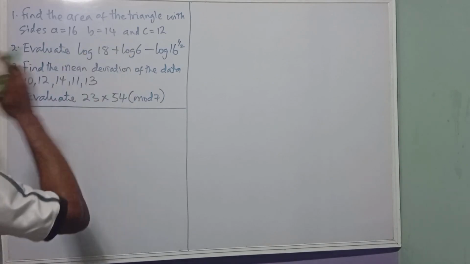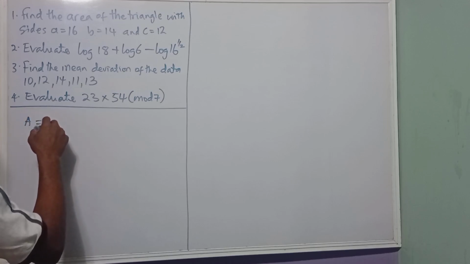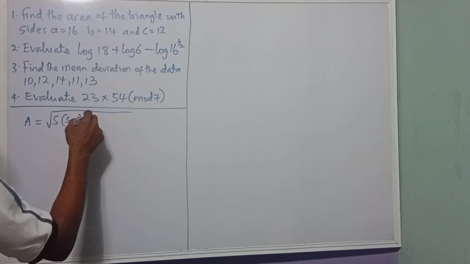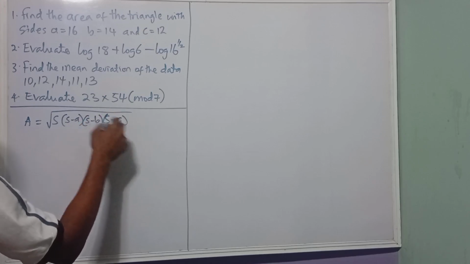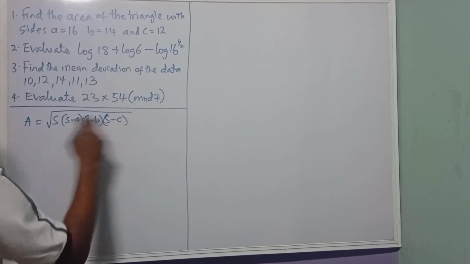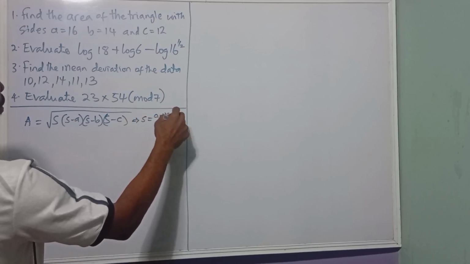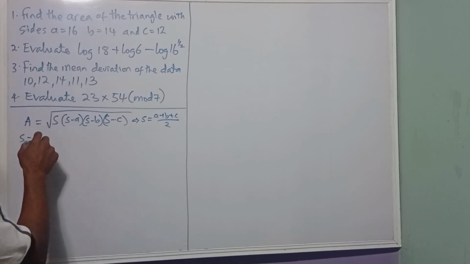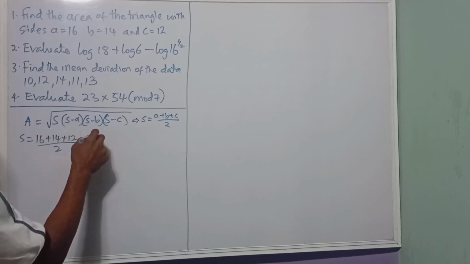Now, for us to find the area of this triangle, we'll be using the formula: area equals root of S bracket S minus A, S minus B, and S minus C. For us to find S, S would be A plus B plus C divided by 2. So our S would be 16 plus 14 plus 12 over 2, which gives us 42 over 2, which is 21.